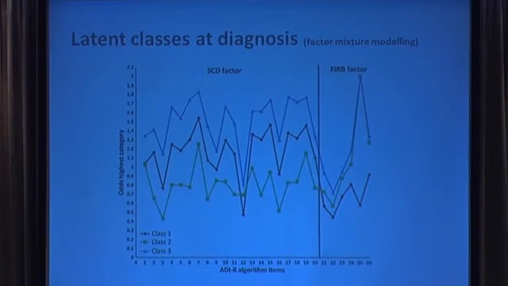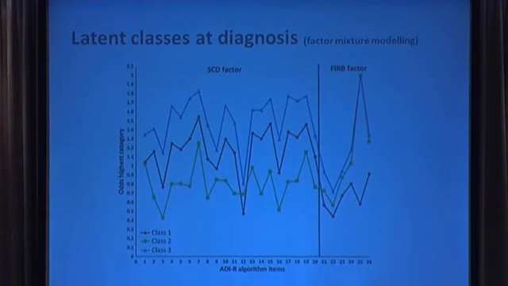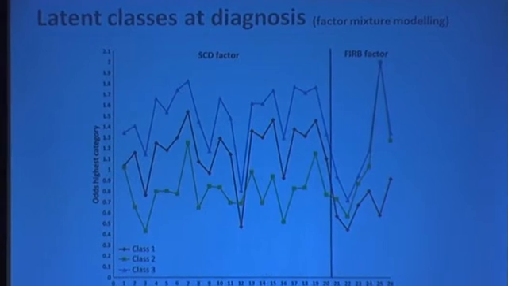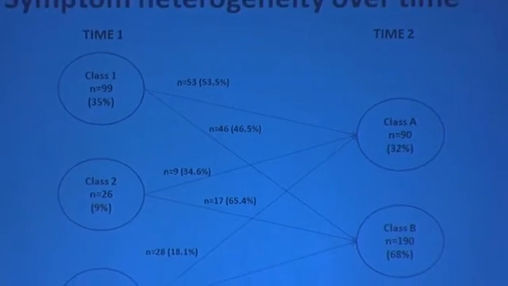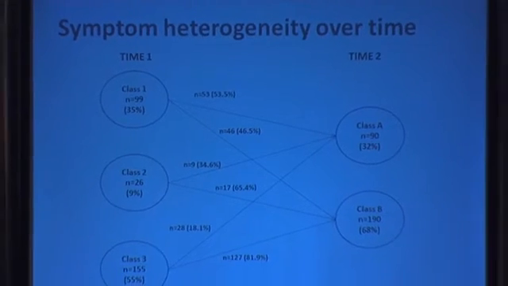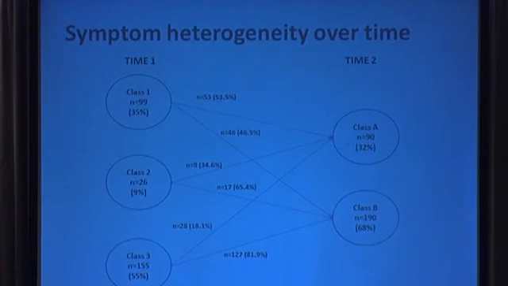Don't worry about this. This just describes the probability of each child to belong in one of the three subgroups. So time 1 on the left end of this graph represents the time of diagnosis. So that's what we did at time of diagnosis.